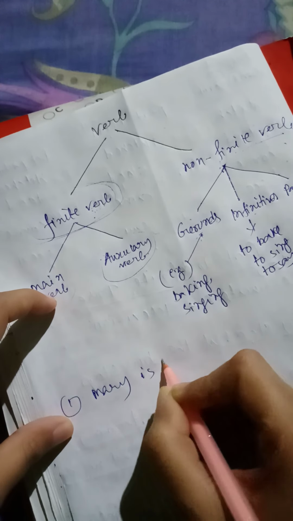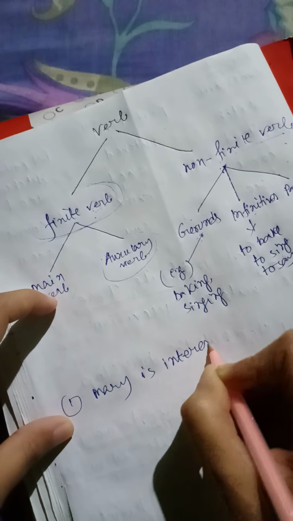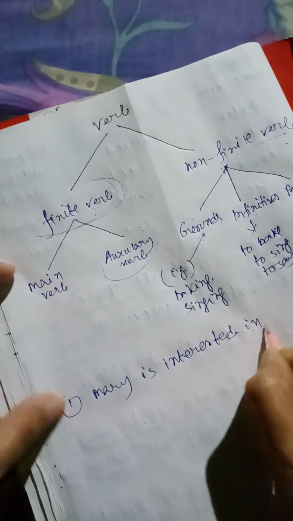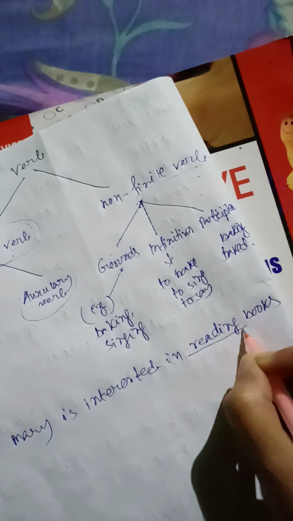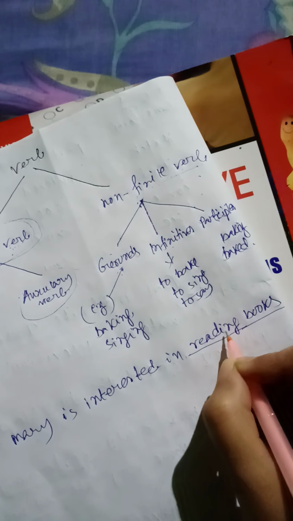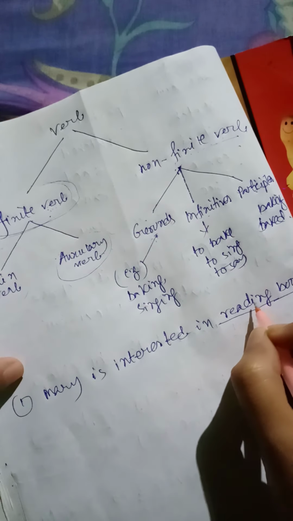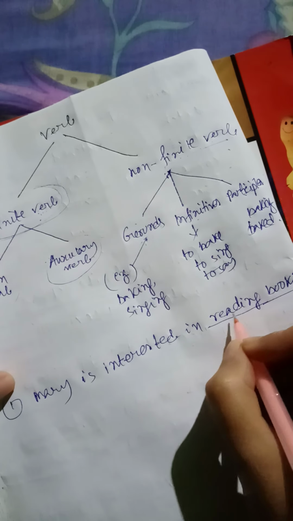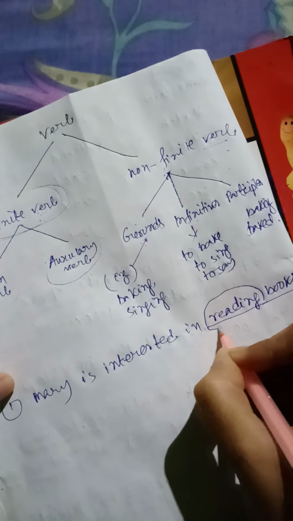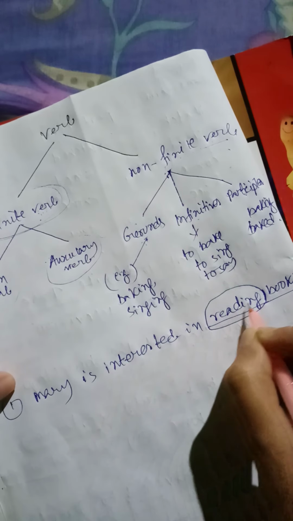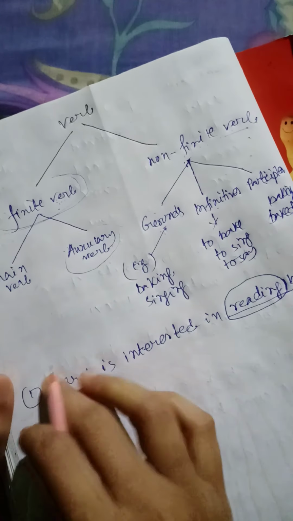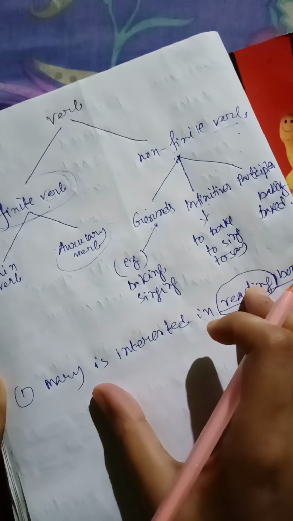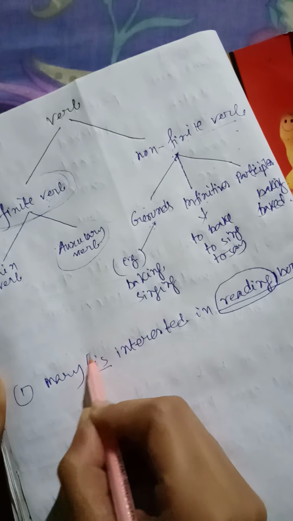Mary is interested in reading books. Here you can find this verb with ing. Now tell me whether this form of verb is defining the sentence's tense. No. We can tell the sentence is in present indefinite tense by looking at the auxiliary verb is.